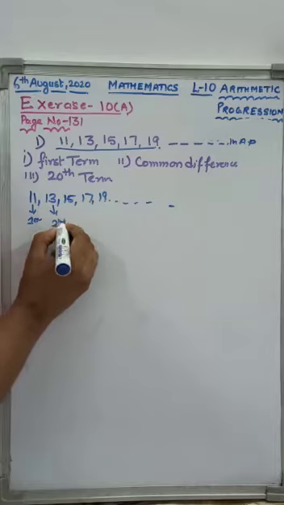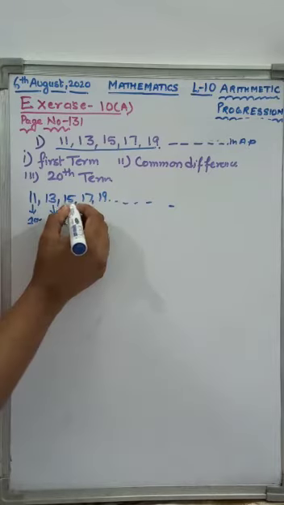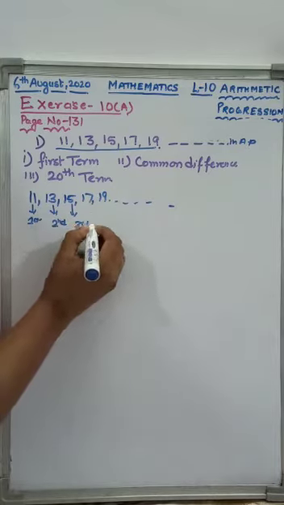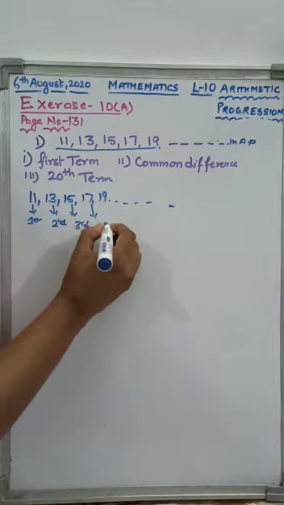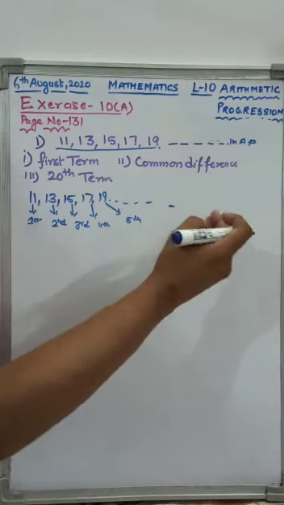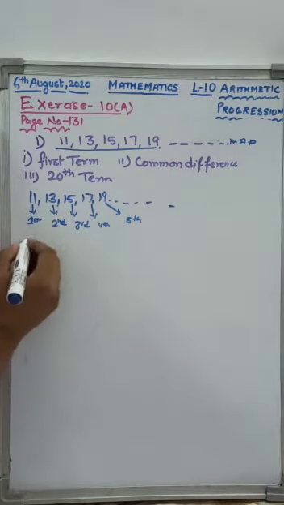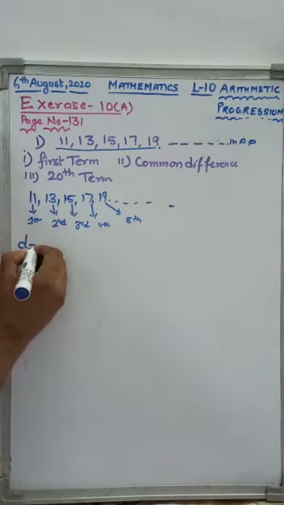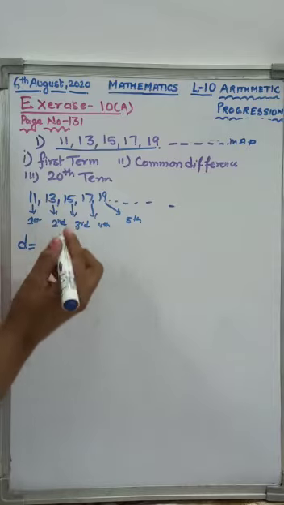Second number, second term, third term, fourth term, fifth term, and so on. So we will find D, the common difference. How will you find it?